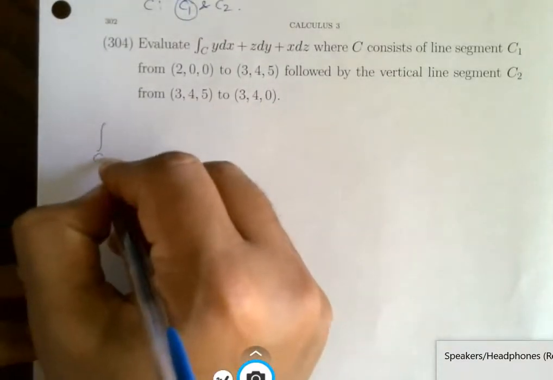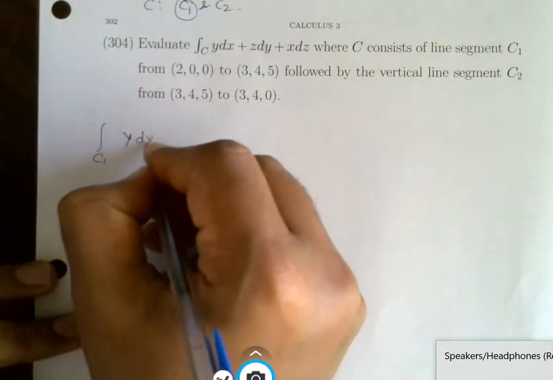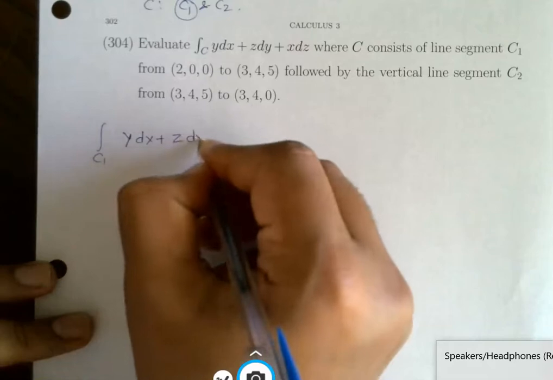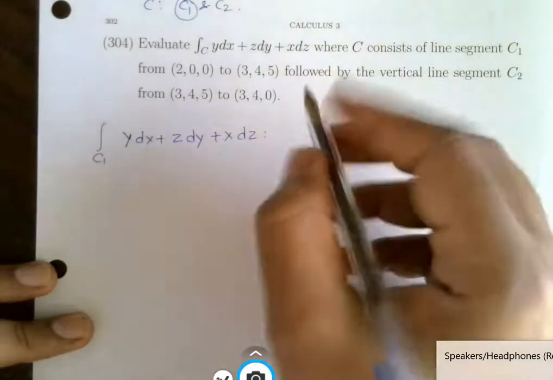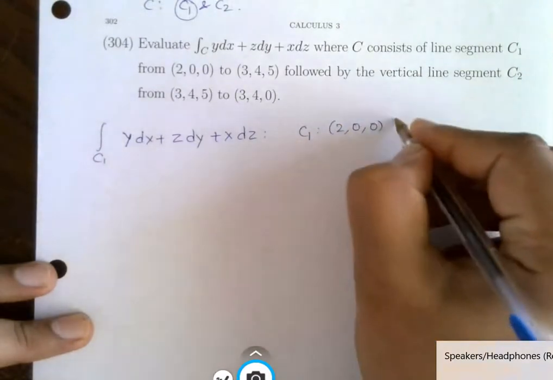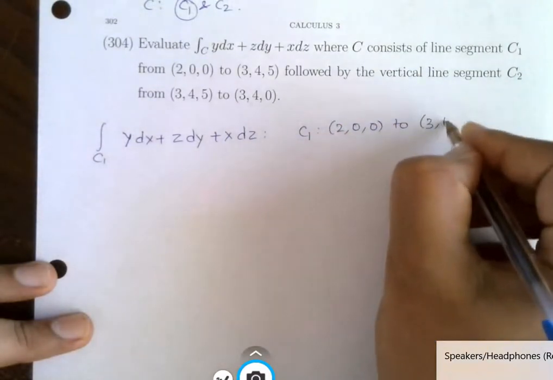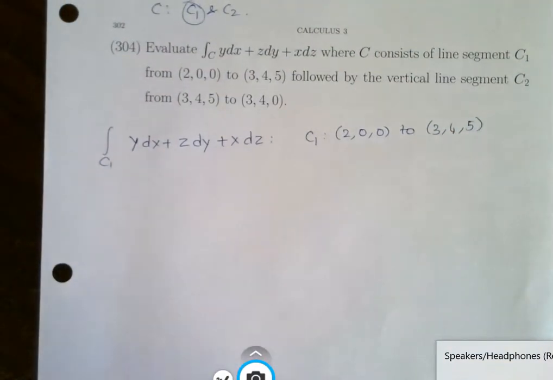I want to evaluate the line integral over C1, so that's going to be y dx plus z dy plus x dz, where C1 is a line segment from (2, 0, 0) to (3, 4, 5). So what are my options?